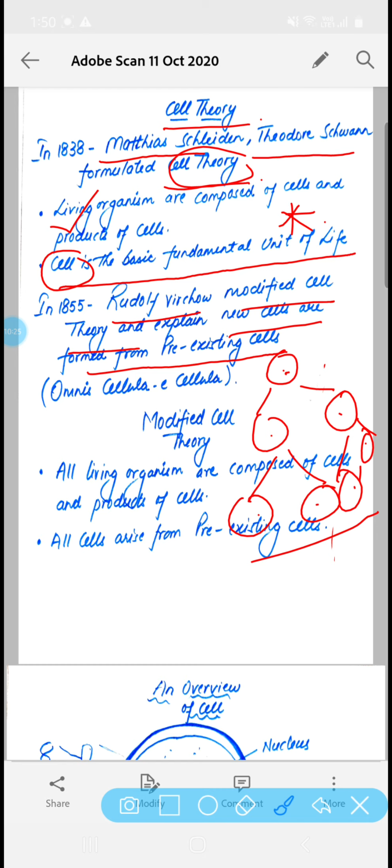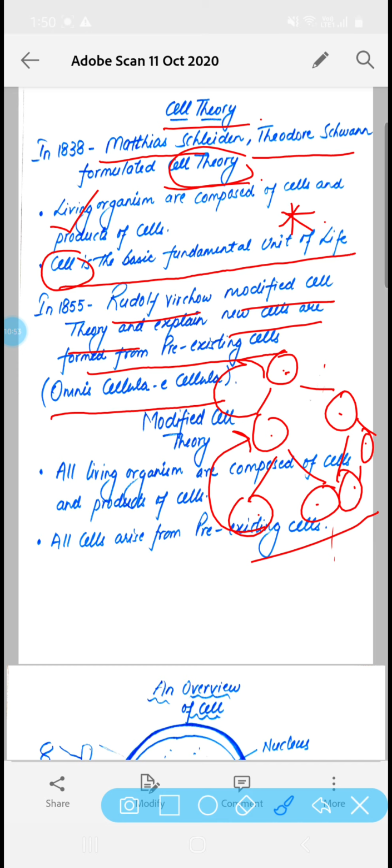All the new cells you can see are formed from the pre-existing cells. And in his terms, he explained this statement by giving omnis cellula e cellula, which means that all the new cells are formed from pre-existing cells. So Rudolf Virchow modified the cell theory.